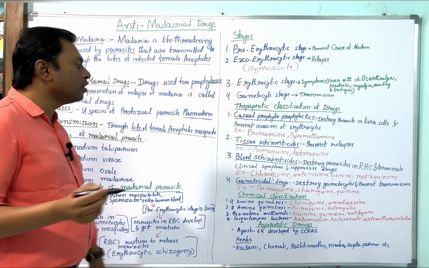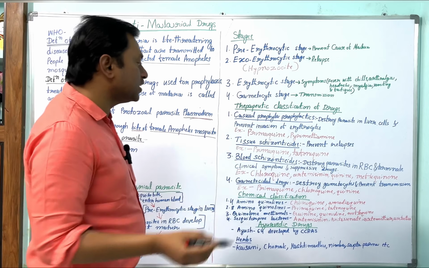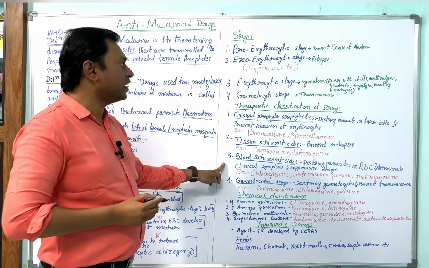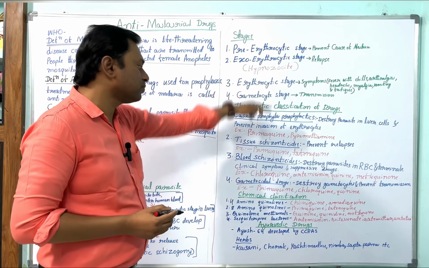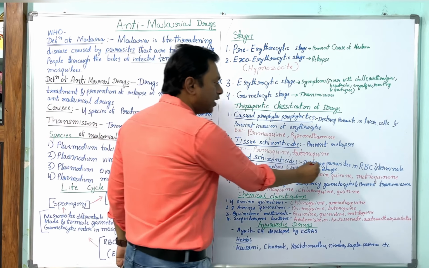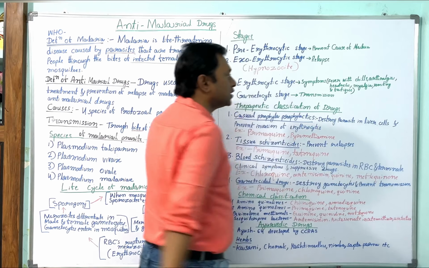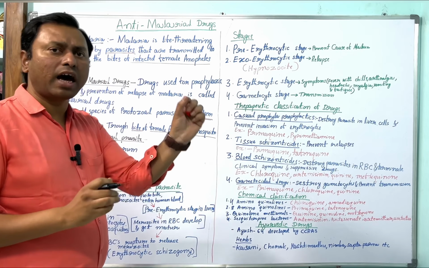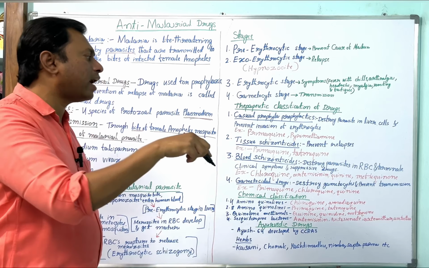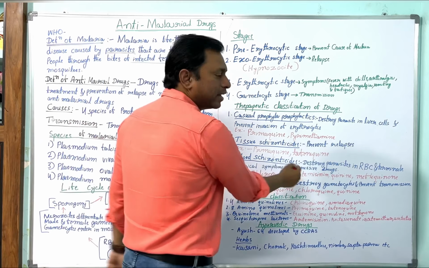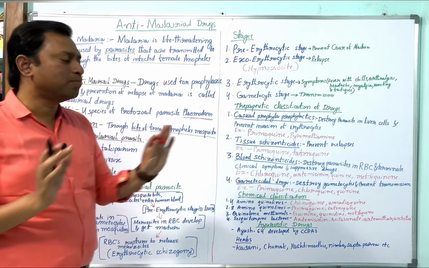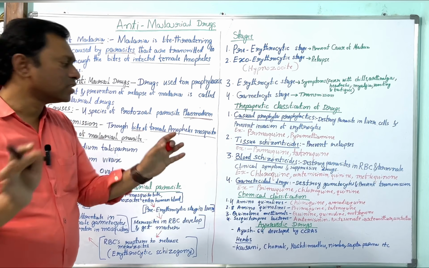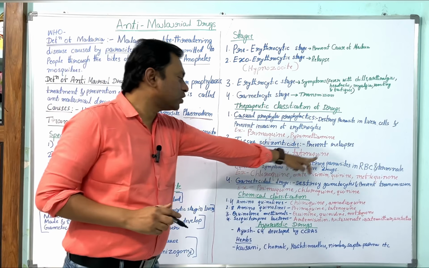These drugs are helpful for the tissue schizonticides. The next one, blood schizonticide. This is the erythrocytic stage. These drugs destroy the parasites in the RBC and terminate the clinical symptoms. The symptoms the patients have are terminated, so these are suppressive drugs.